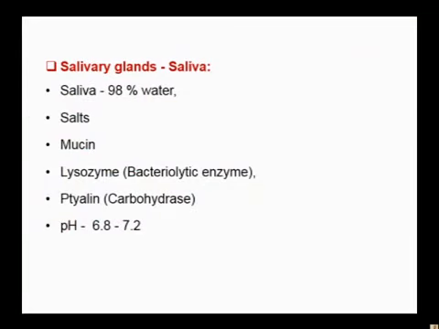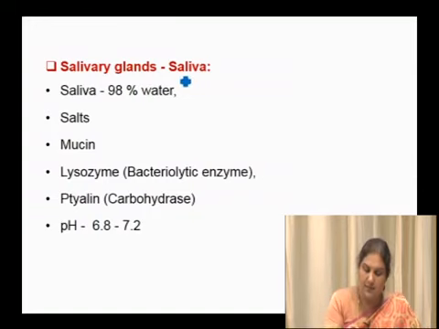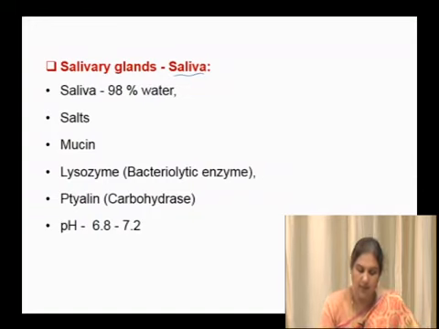The digestive glands: salivary glands are of three pairs. One pair of the parotid gland, one pair of the submaxillary gland, and one pair of the sublingual glands. All the three pairs of the glands secrete saliva.